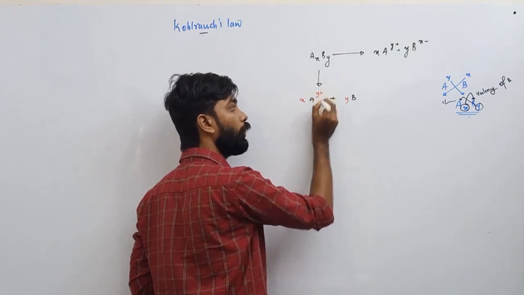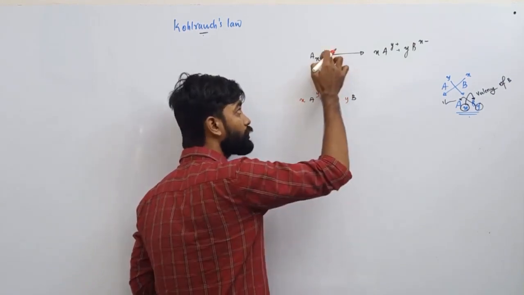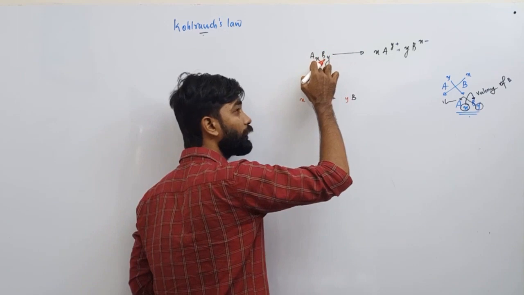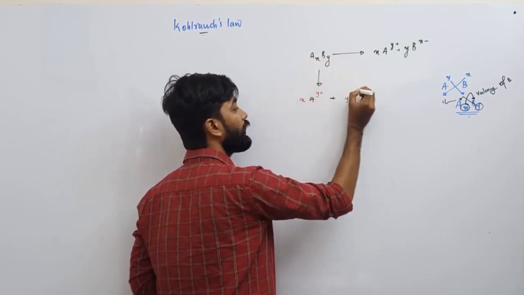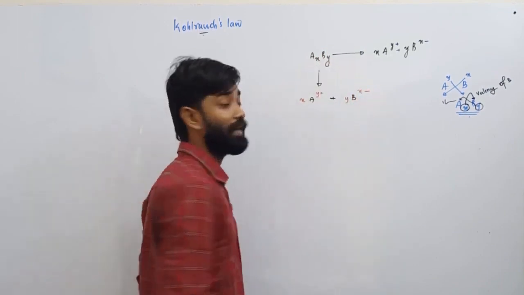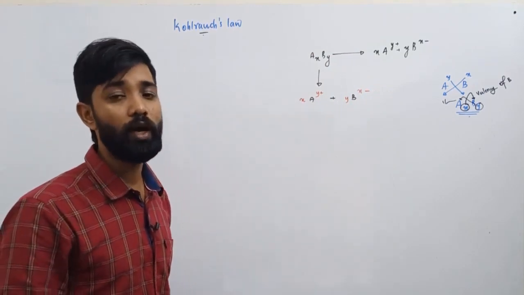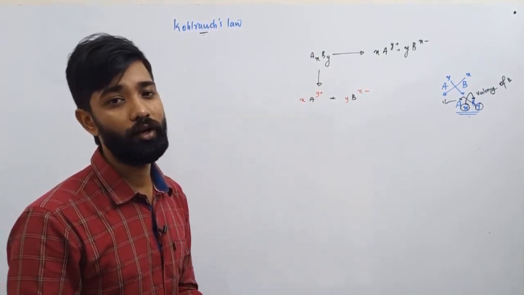Since it is a cation, y plus. And the valency of B will be the subscript of A, x. Since it is an anion, this is x minus. This is how you can split the salt into two.